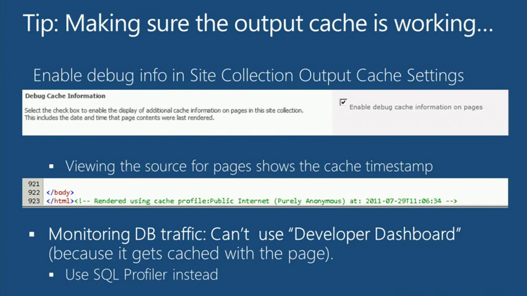It's just going to stick an HTML comment at the very bottom of the output. You can see it says rendered using cache profile, then the name of the profile, and then a timestamp. So we can see when the requested item, the page in this case, was first cached. That's quite a long time ago in this case.